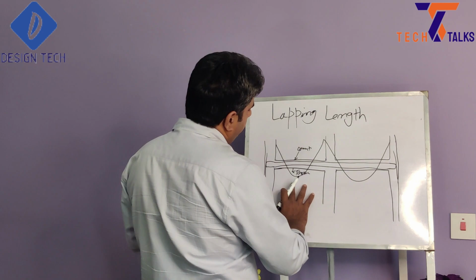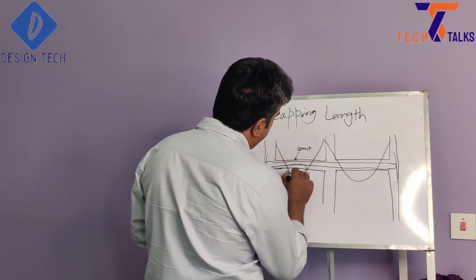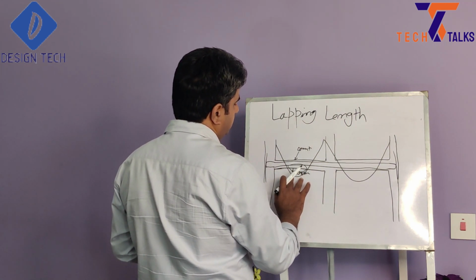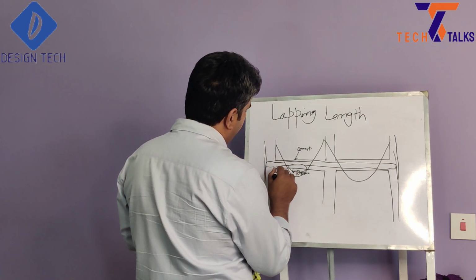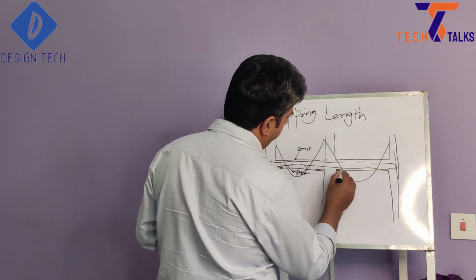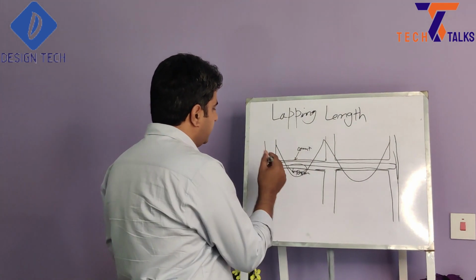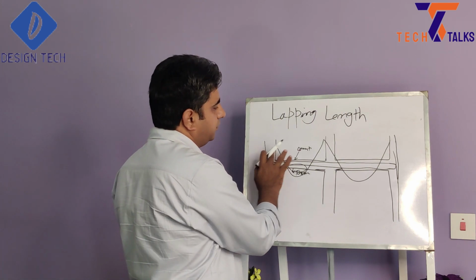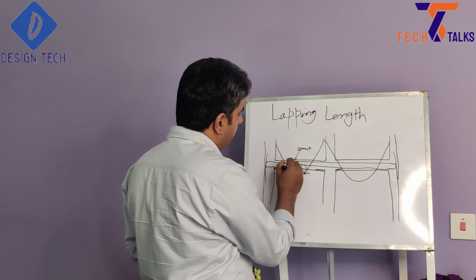For bottom reinforcement, we should avoid this location because here the bending moment is maximum. So we should provide the lap somewhere here in this location. But when we go for top steel, our negative bending moment is maximum near the support, so we can provide the lap length away from this.